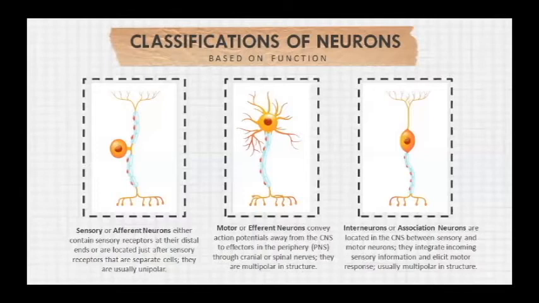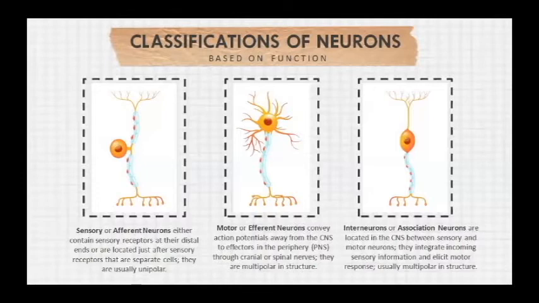Remember the one that we discussed a while ago, the functions of the nervous system? The sensory function is played by the sensory afferent neurons, while the motor function is played by the motor efferent neurons, while the integrative function is played by the interneurons or association neurons.